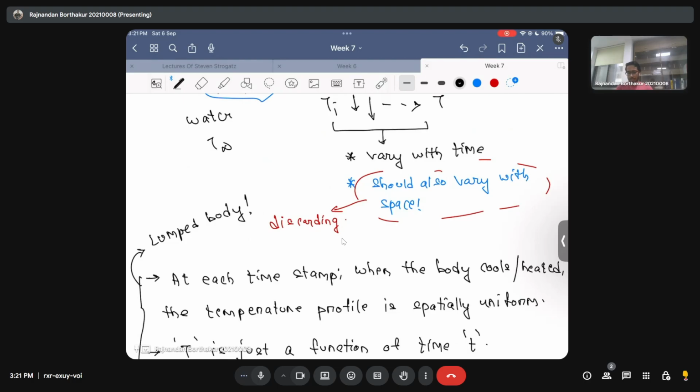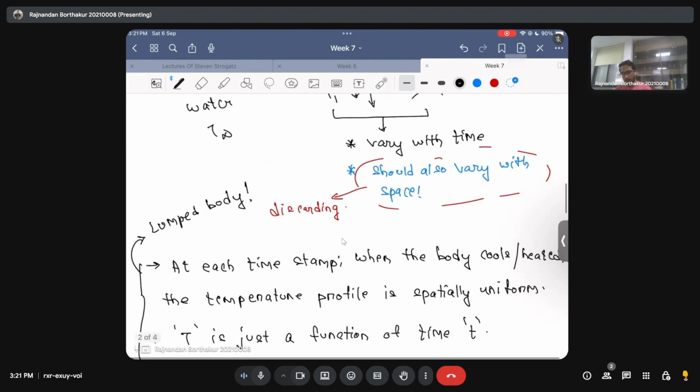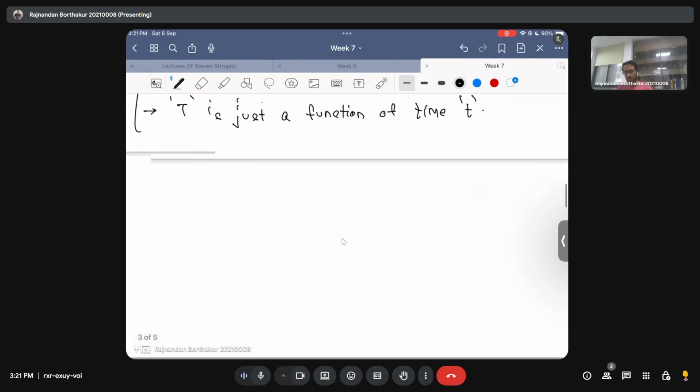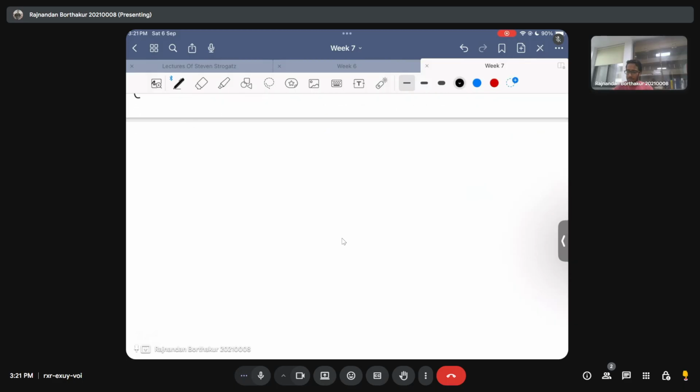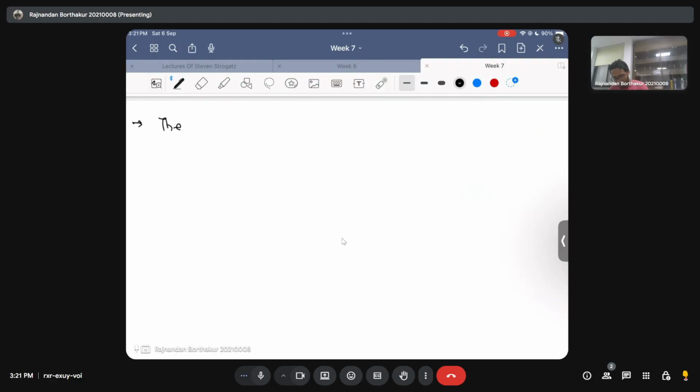So that's the first thing that you need to understand when you speak about the word lump body or a lump capacitance analysis. The reason why we call it capacitance, we will see very shortly. So to this end, we will now discuss the lump capacitance model.